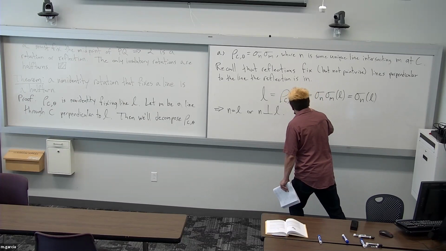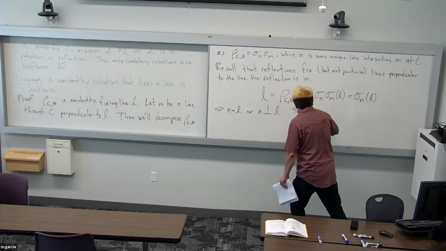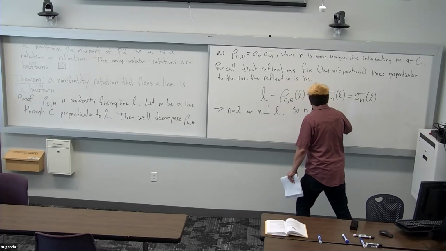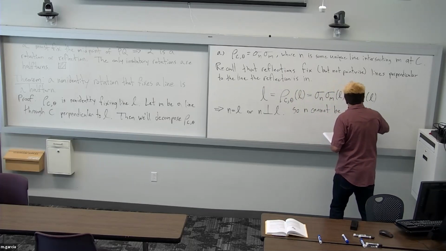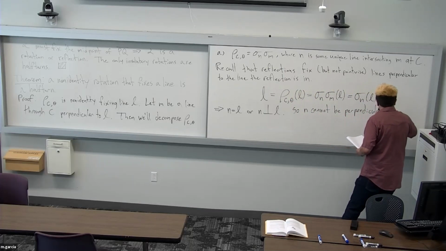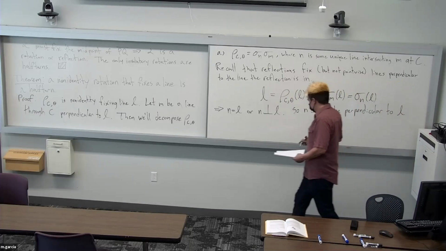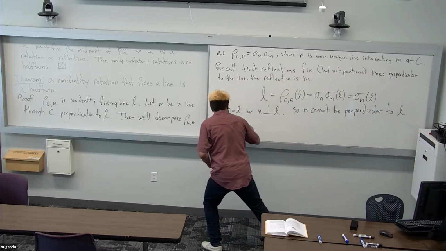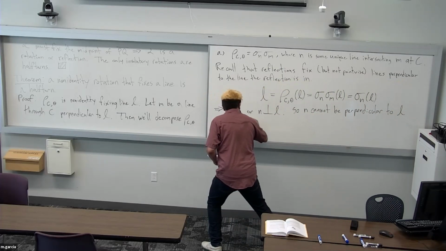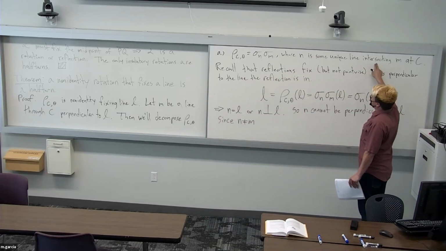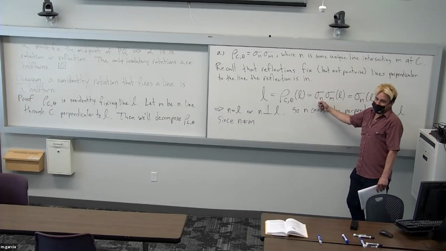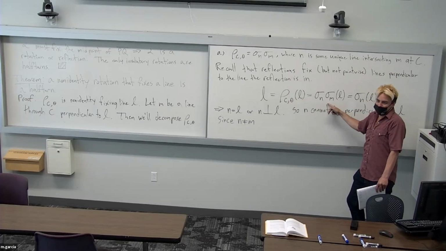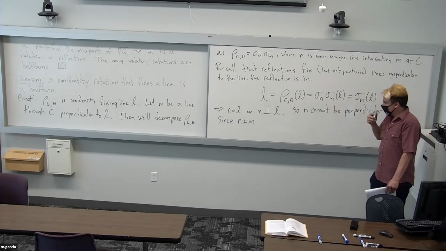So n cannot be perpendicular to L, since n is not equal to m. These are distinct lines, otherwise our rotation would be sigma m squared, which would just be iota.